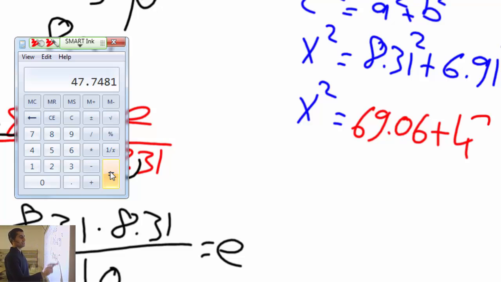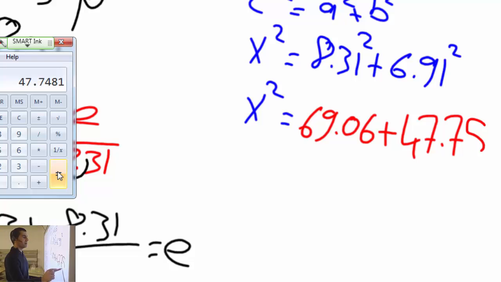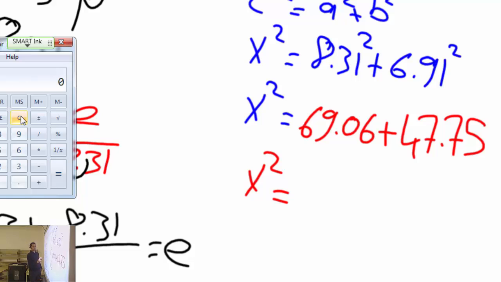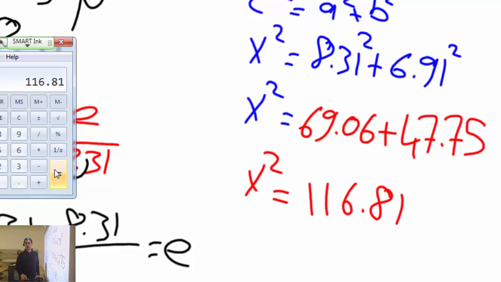47.75. X squared, almost done. Let's add those numbers. 69.06 plus 47.75. That's 116.81. Almost done. Almost there.